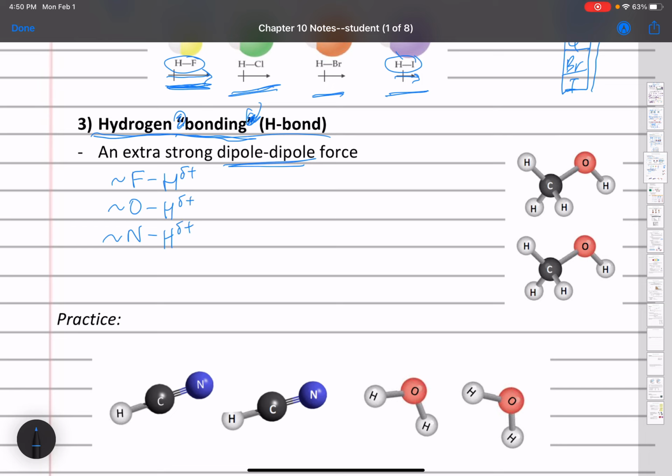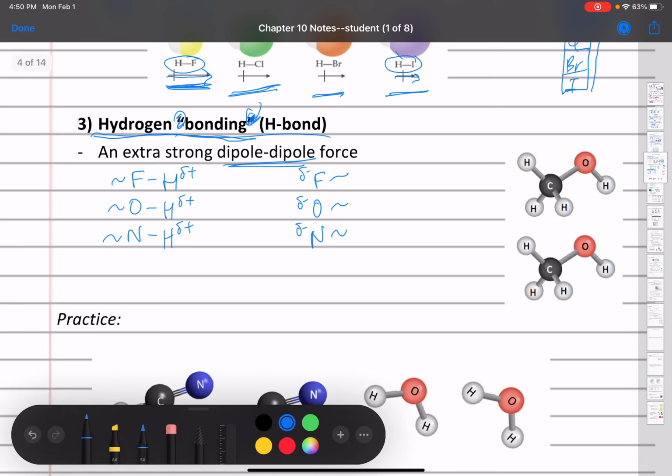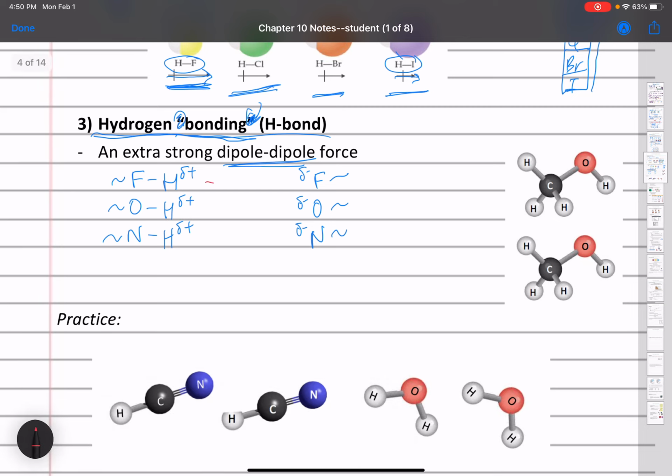There's a large dipole moment here, okay? And so when it comes into contact with another fluorine, oxygen, or nitrogen on another molecule, these guys have particularly large partial negative charges because they are the top 3 electron hogs. And so it ends up in this particularly strong dipole-dipole attraction. I'm just going to do a little like this. Okay, my red dotted lines to represent hydrogen bonding.